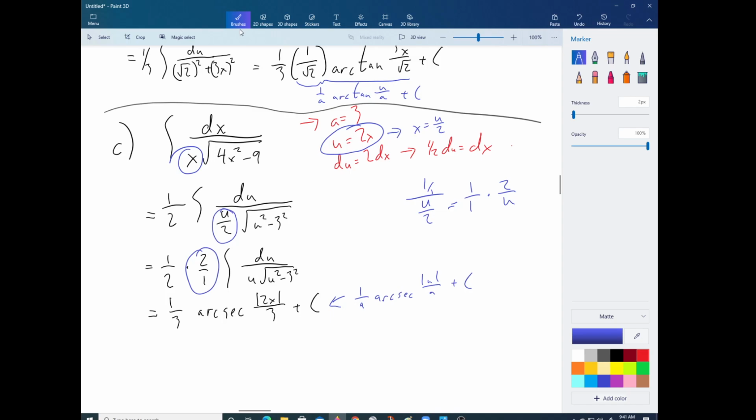And it just so happened, it will not always happen, that my 1/2 from my u substitution canceled with the half from my u substitution, one from the u itself and one from the du. That won't always happen. It just happened here.